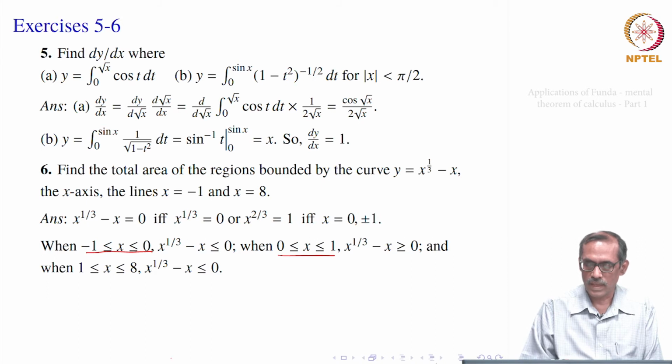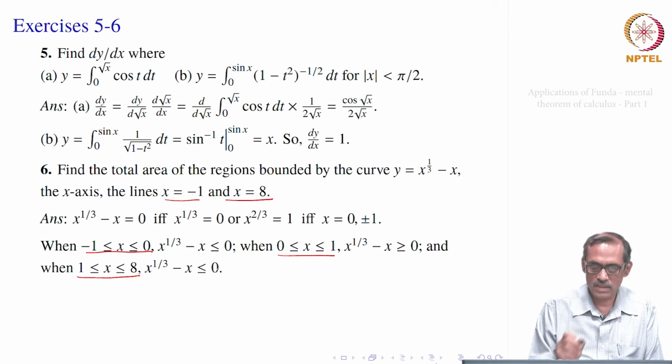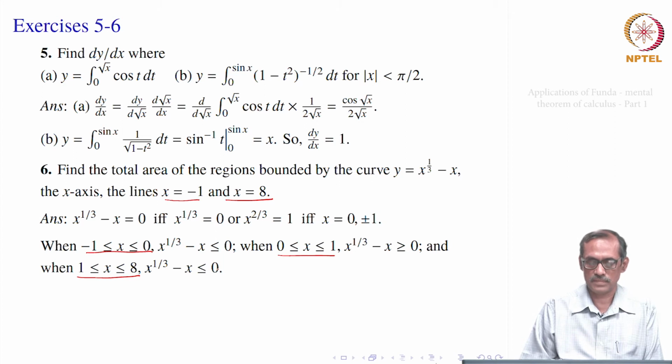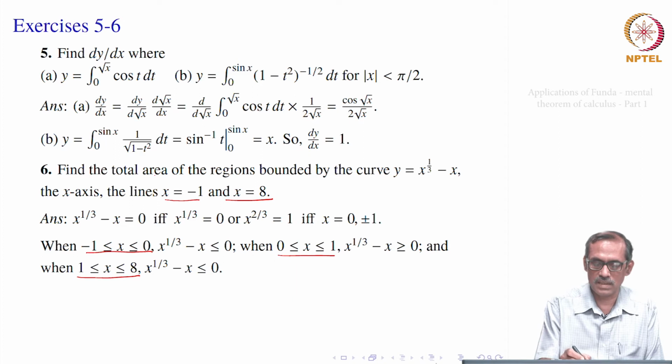And we have the line -1 to 8 we want. So, from 1 to 8 there is another interval. So, 1 to 8 it is again less than or equal to 0. So, we want to find the total area, nothing is written. So, we take the actual area, not the signed area, sum of all those actual areas.